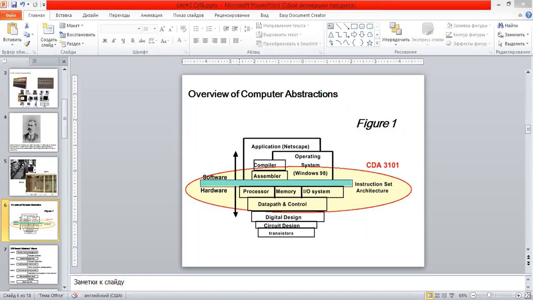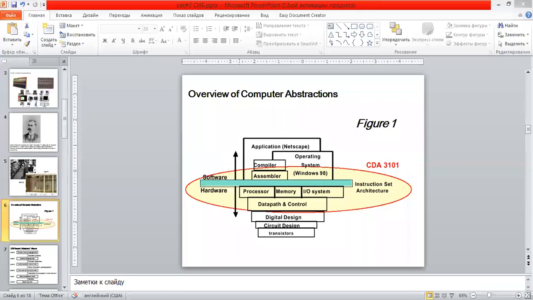The operating system provides a convenient interface between the user and the application software and the hardware. The assembler translates assembly language, a primitive type of programming language, into machine code, which is a stream of ones and zeros.